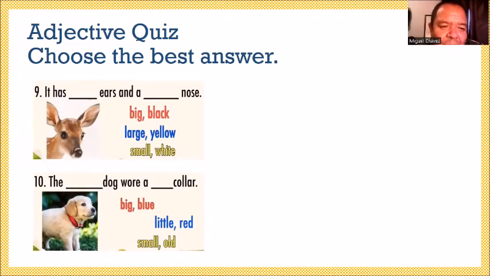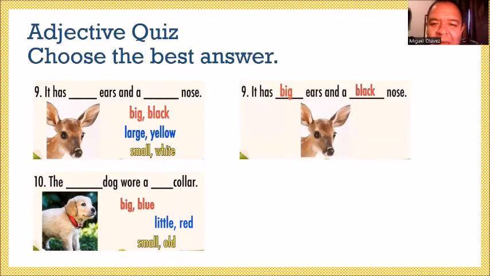Don't forget to look at the picture, please. Number 9. It has big ears and a black nose. Yes, big ears, black nose. Thank you. Number 10. This is the last, please.